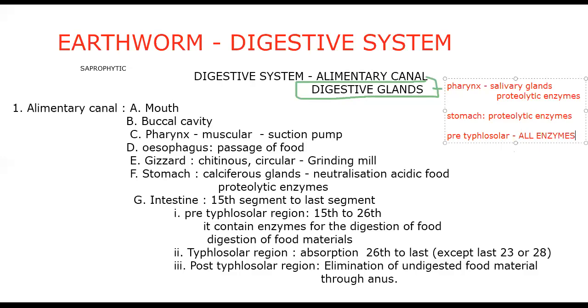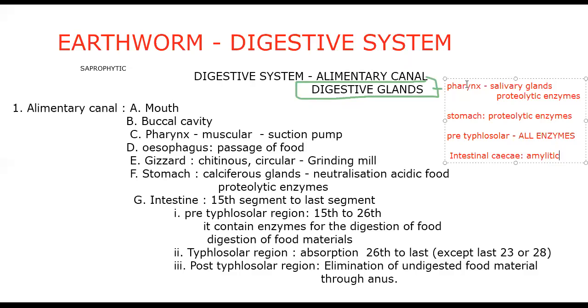Next, the intestinal caecae also act as digestive glands. The intestinal caecae, to be remembered, in segment 26, are believed to release amylolytic enzymes for the digestion of carbohydrates. So that's it about digestion as well as digestive glands.